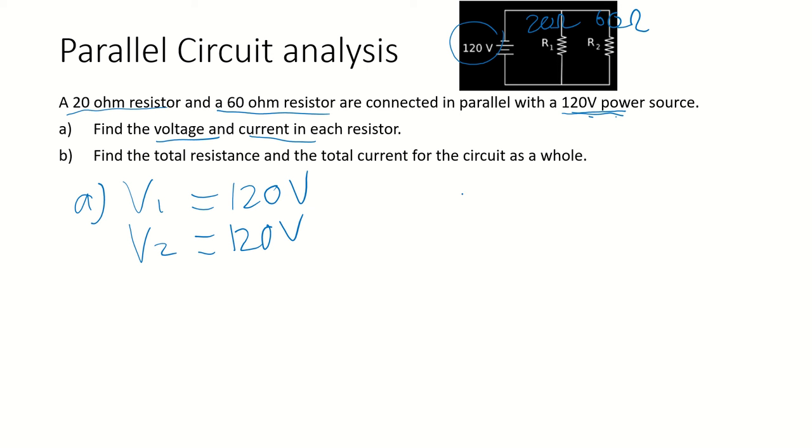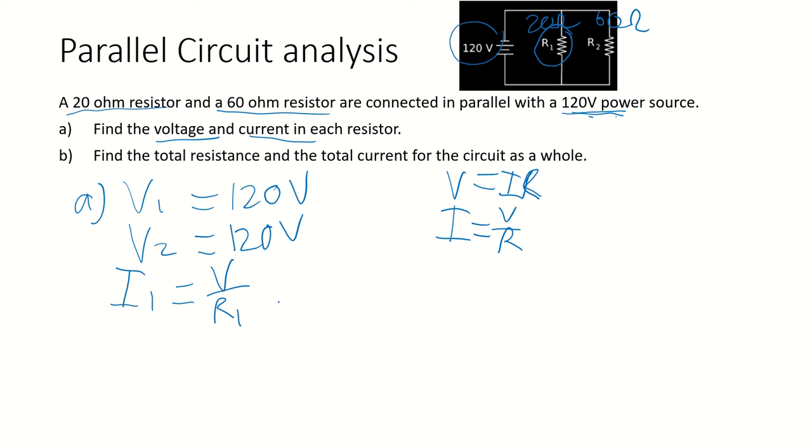Now, the current. Well, we know that voltage is equal to IR. So current is equal to voltage divided by resistance. So if we want the current flowing through this first resistor, it's just going to be the voltage divided by this resistance. So it's going to be the 120 divided by the 20, which will give us 6 amps.